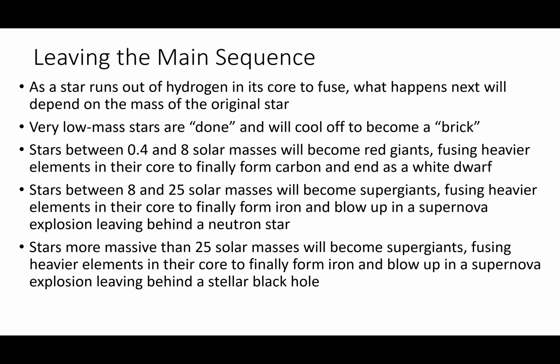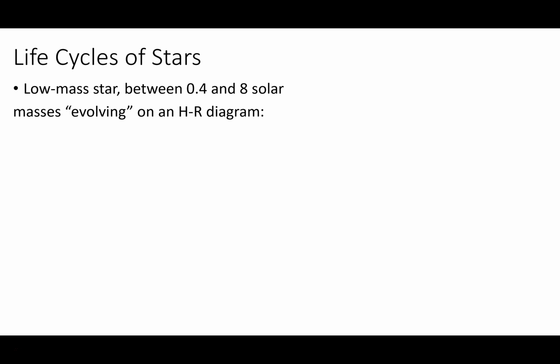They're both considered high mass. These will give you a neutron star, and these, after they blow up, will give you a black hole. So that's kind of how that goes. I need to talk a little bit about neutron stars and black holes coming up at the end of this part.